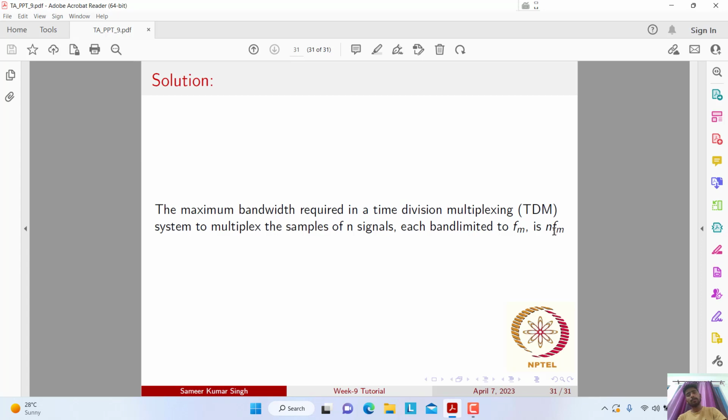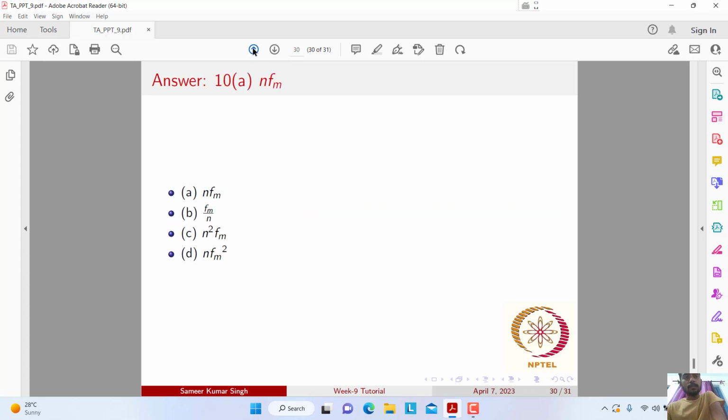So the maximum bandwidth will be N FM. The answer will be A part.